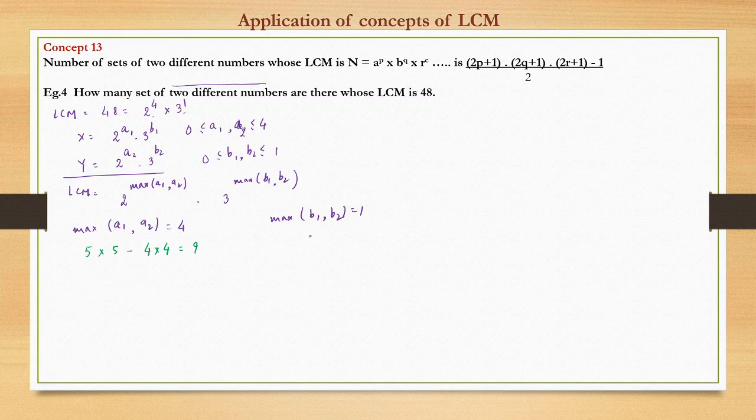Similarly, b1, b2 can take two values, 0 and 1, so 2 into 2, minus, we subtract the case where neither b1 nor b2 takes the value 1, that is both end up taking 0. So 1 into 1 case, so here it becomes 3. So the total ordered pairs, now I will not manually write all the cases.